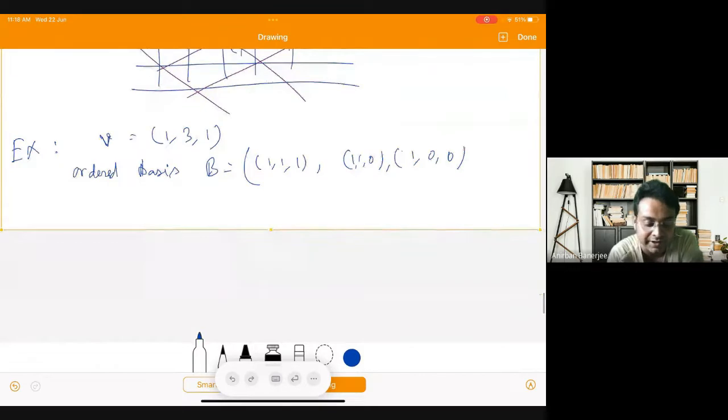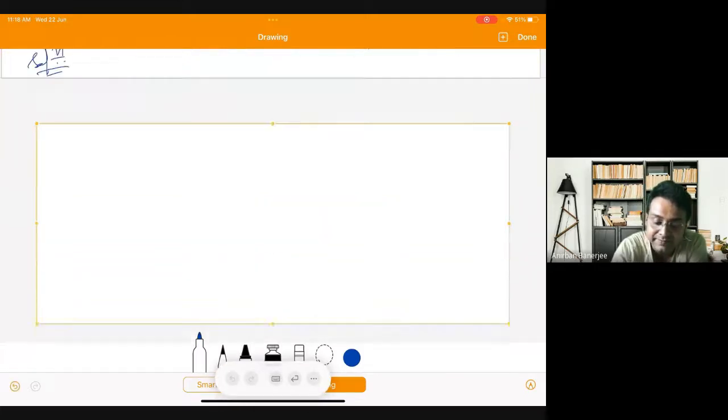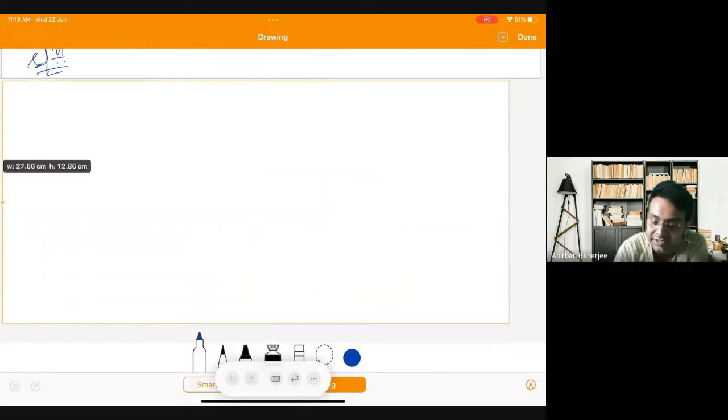We have to find the coordinates of v with respect to this basis capital B.